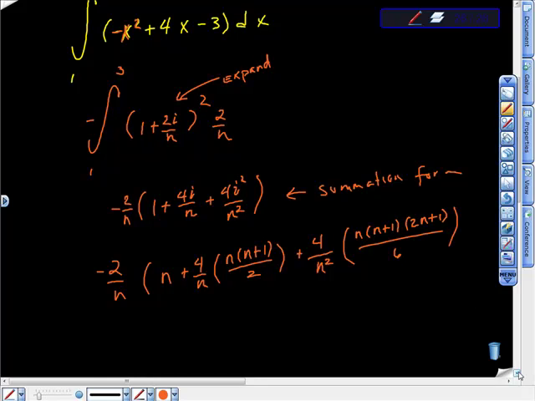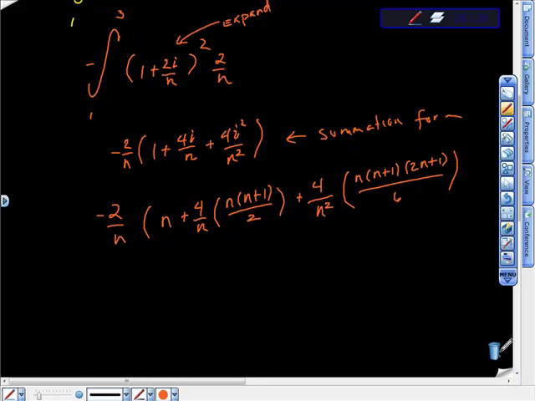And hopefully you're remembering all this, right? Start to clean this up. 4 over 2 is 2, and this n cancels, doesn't it? I think that's good math, right? This n cancels here, and this cancels here. I hope that's good math.